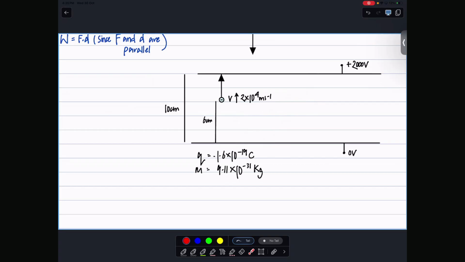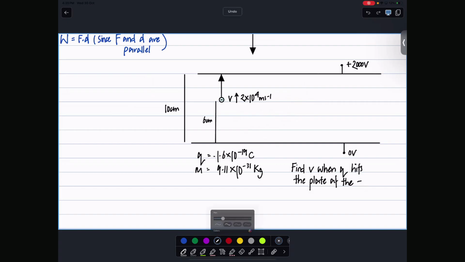Question is, what's the velocity when it hits the plate at the top? Find V and Q. Yeah, this is the initial velocity of the particle, 2 into 10 to the 4 meter per second.